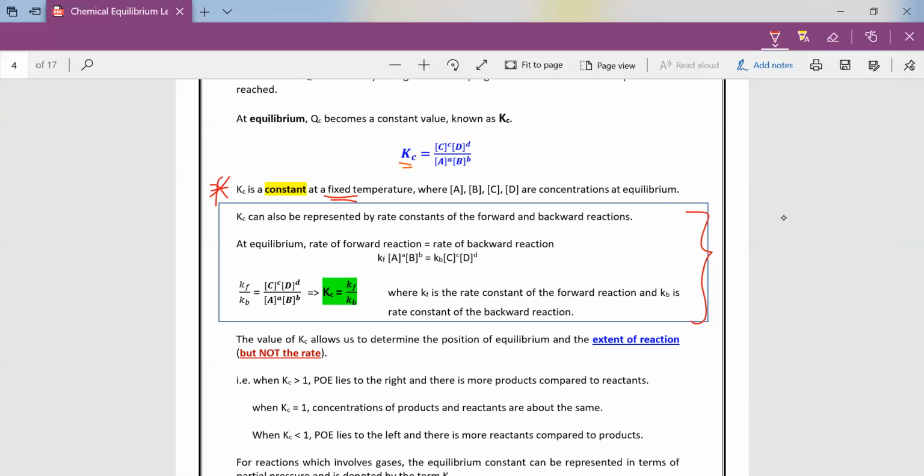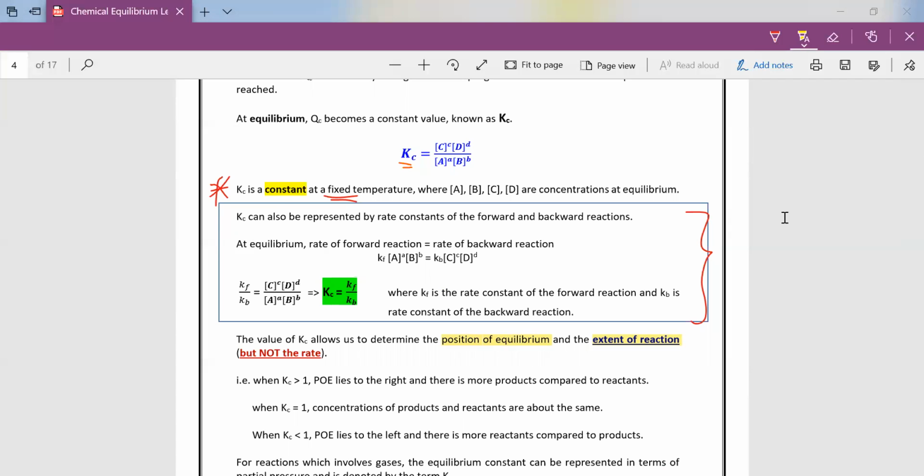This value of K allows us to determine two things. Number one is the position of equilibrium, like how much product there is in proportion to the reactants, and the extent of the reaction.